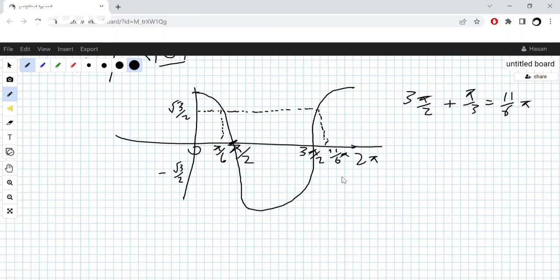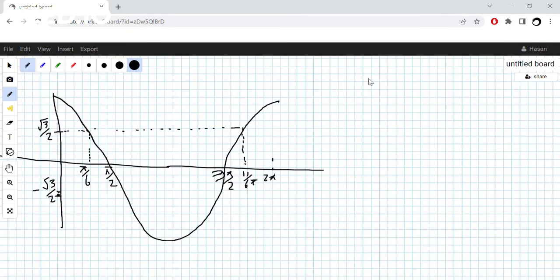And for our negative region, since we found the positive root 3 over 2, we can do the same for the negative. We'd go along, and we'd go up to wherever the point meets the curve.